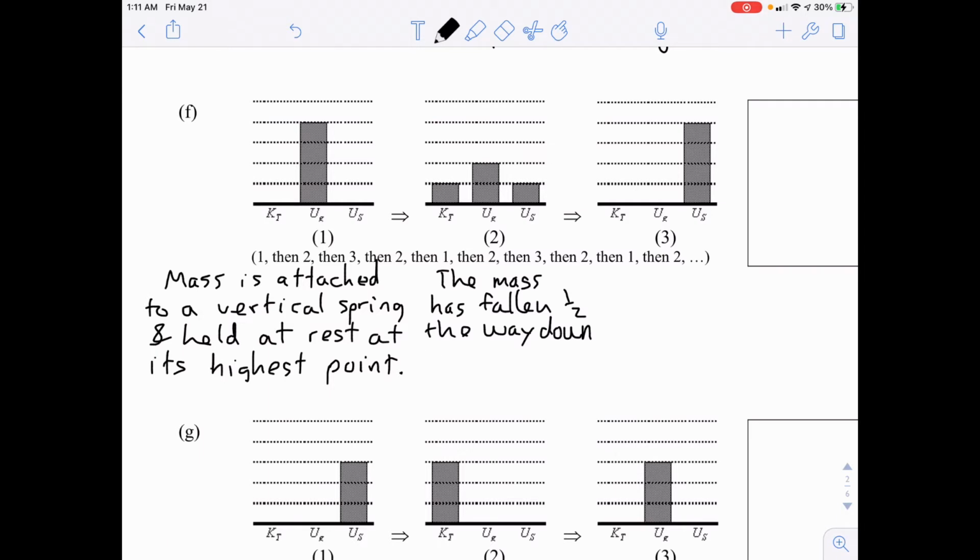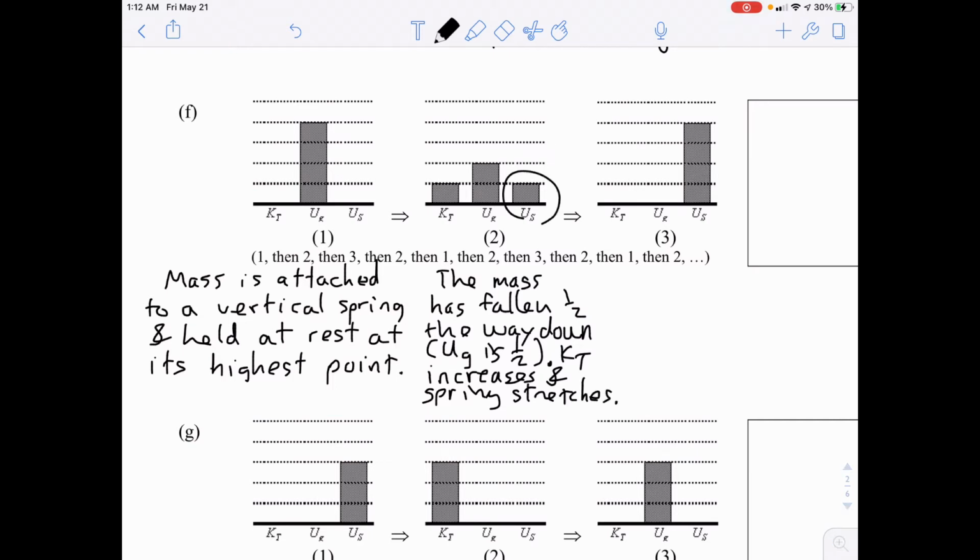Right? We know this because the gravitational potential energy is half. Gravitational potential energy decreases, and spring stretches, right?